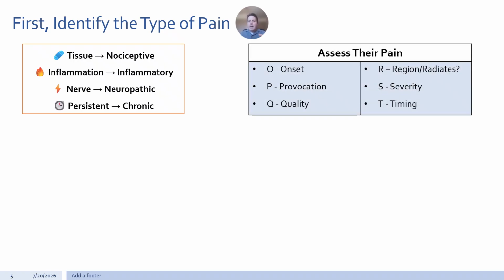As we ask our patient these questions, we can use the OPQRST that we all learned in assessments to assess their pain and get an idea of the type of pain that they're having. That can give us some clinical clues on what type of medication might be the most appropriate, especially when we're faced with a group of PRN orders.